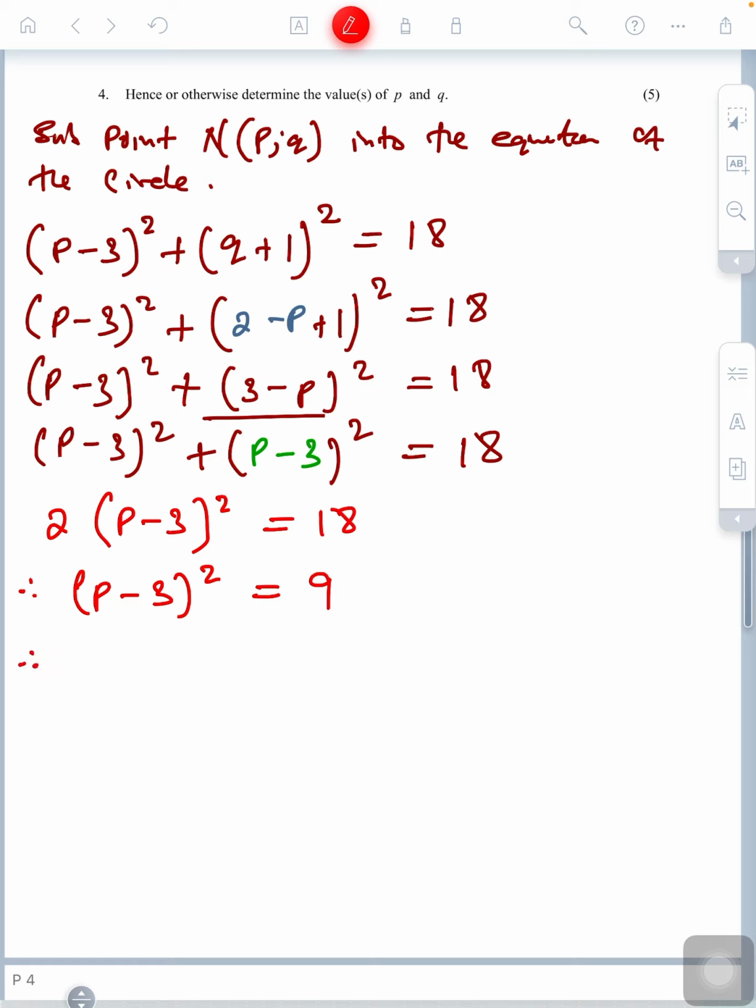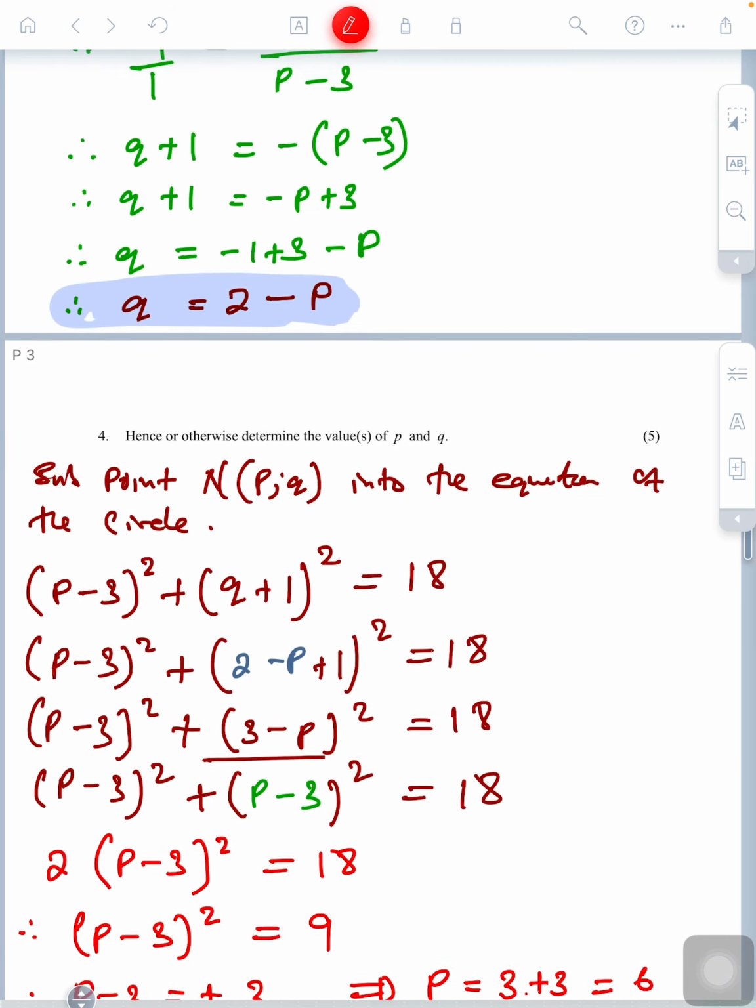So I'm going to get p minus 3 equals plus or minus 3. I'm square rooting both sides now, so this will imply that p equals positive 3 plus 3, then it's going to give me positive 6, or p equals 3 minus 3, which is 0.